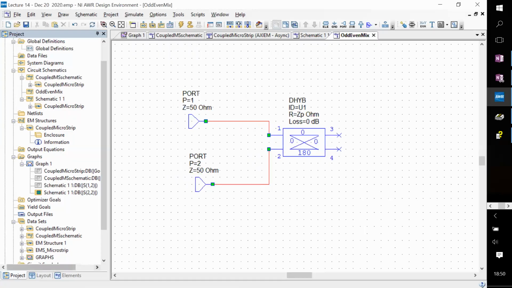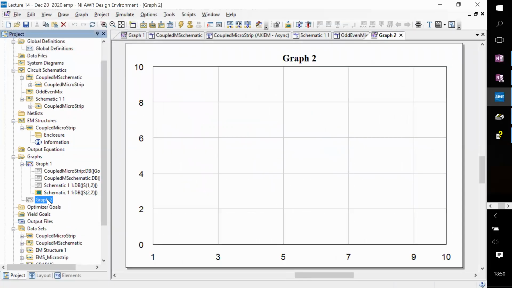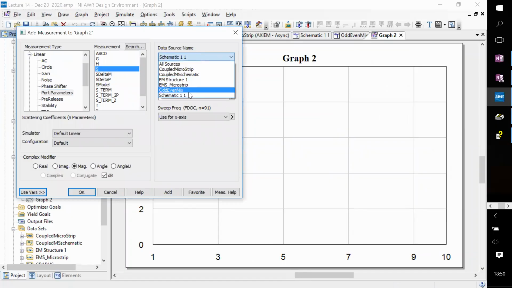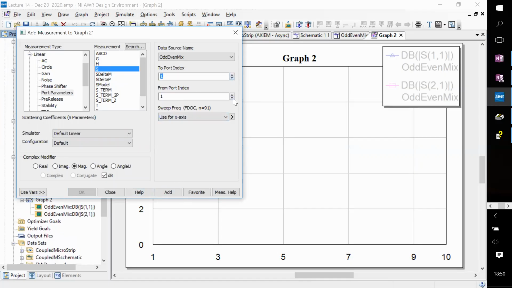And let's make a new graph. I'm going to look at reflection, basically all 4-port parameters: S11, S21, S12, and S22.